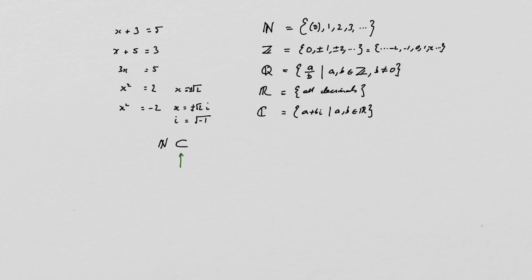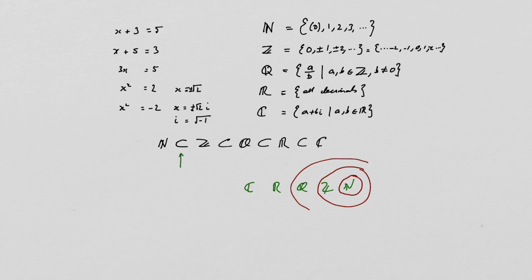So N is included in Z, which is included in Q, which is included in R, which is included in C. And we can write an even lovelier sort of thing, perhaps, or a differently lovely thing, which is that if we write the various sets like this, then we can think of them as being looking like that.